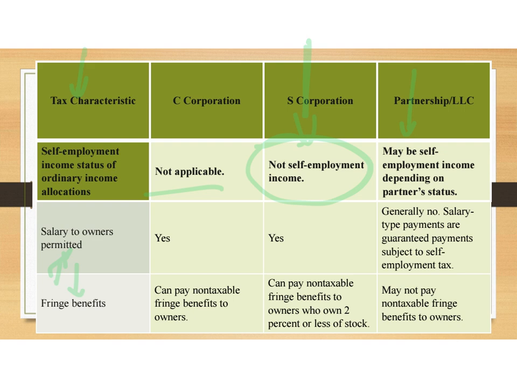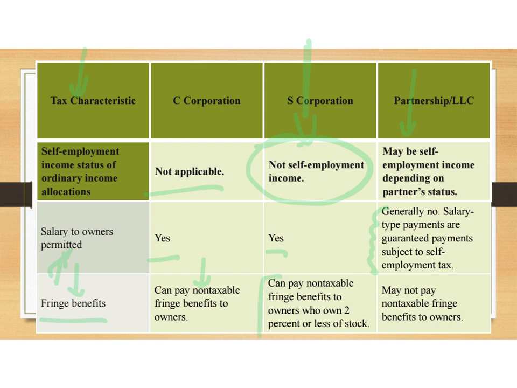Can you pay a salary to owners? Yes, for C corporations. Yes, for S corporations. But remember, with partnerships, salary type payments are not called salaries. They're called guaranteed payments, and they're subject to self-employment tax. Fringe benefits are not taxable to owners, okay?